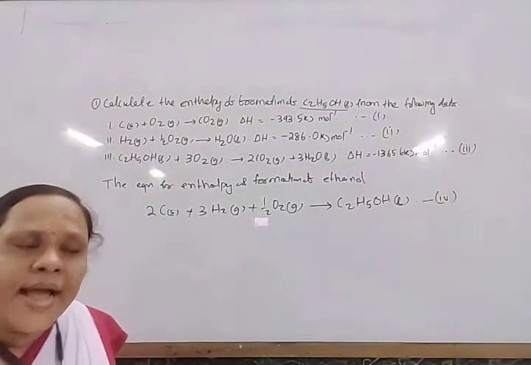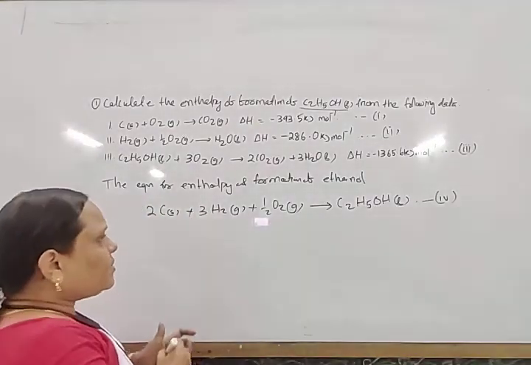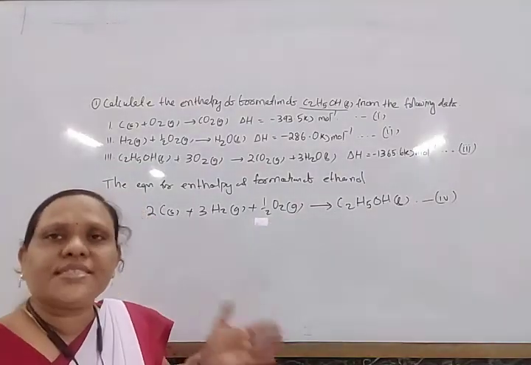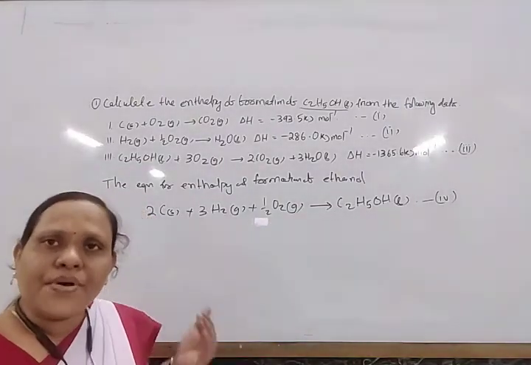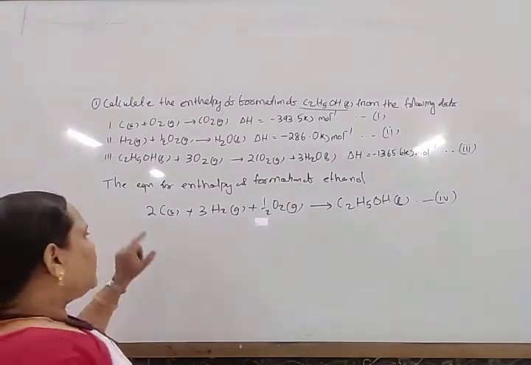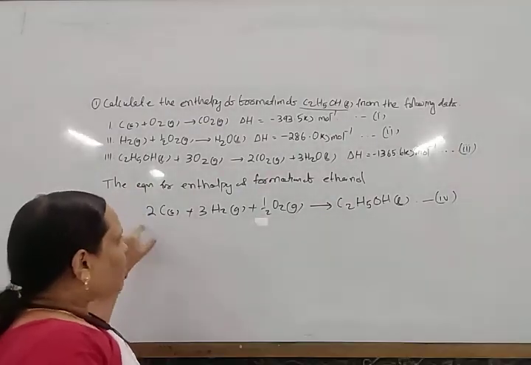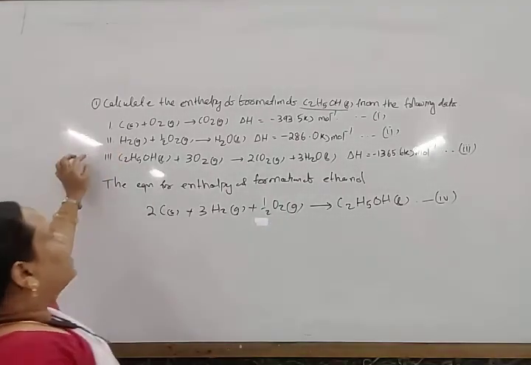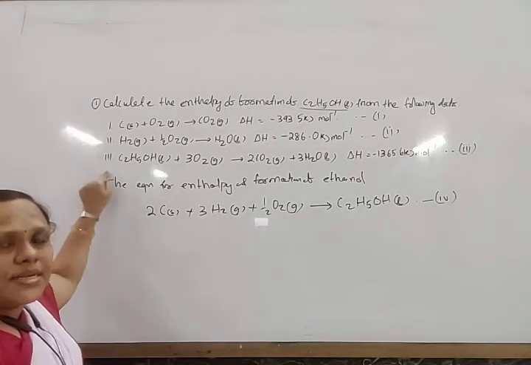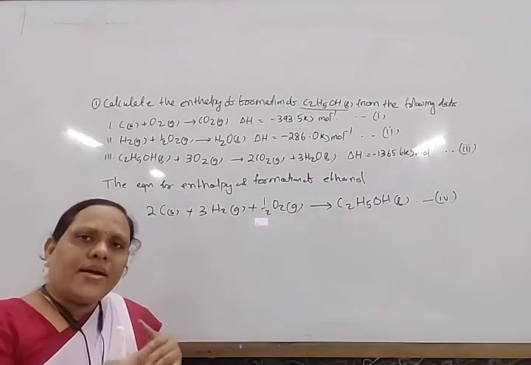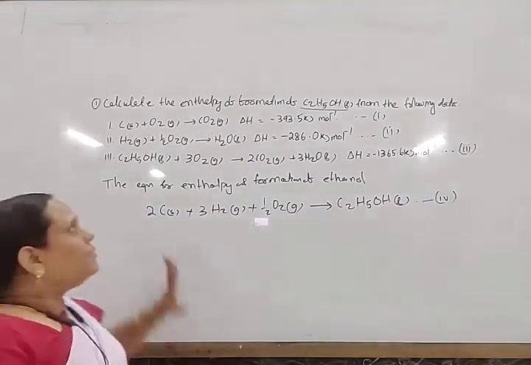Next, this is equation 4. You know the enthalpy change during a chemical reaction remains the same whether the reaction is carried out in one step or in several steps. So you have to bring out this equation in terms of equations 1, 2, 3, either by subtracting, multiplying or adding.